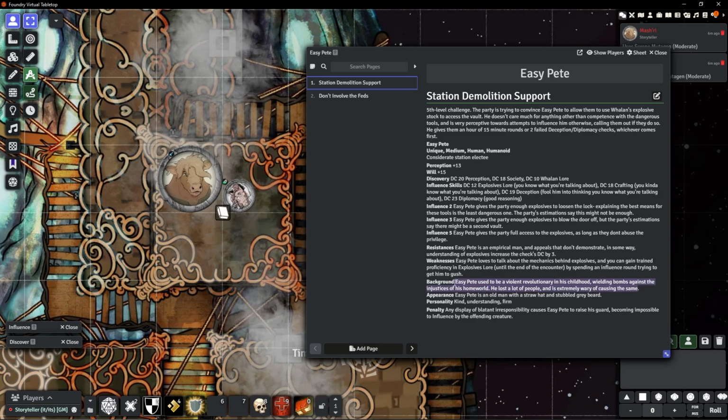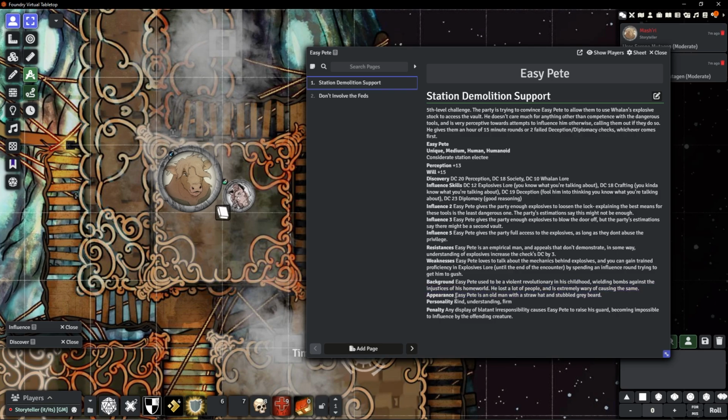I would recommend, as usual with any kind of role-playing prompt, keeping it whatever you prefer, but I tend towards lighter directions, and then you can take notes as you roleplay if this is going to be a recurring character. A little appearance: he's an old man with a straw hat and a stubbled gray beard.